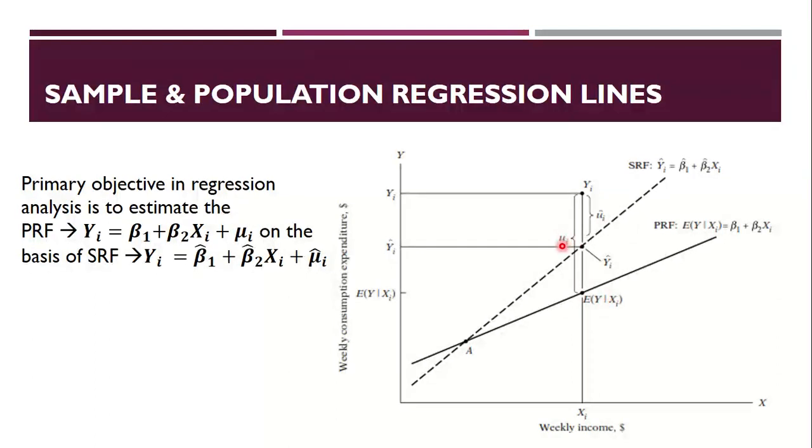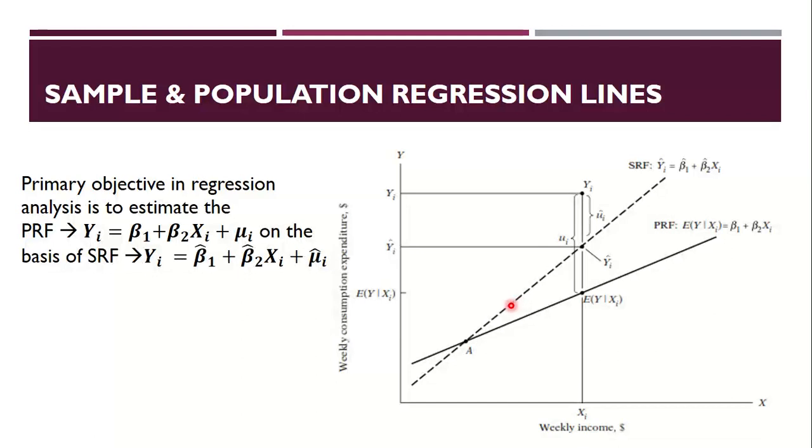Now observe that beyond this point, point A, on the right hand side of point A, the estimated value yi hat overestimates the true population regression function.